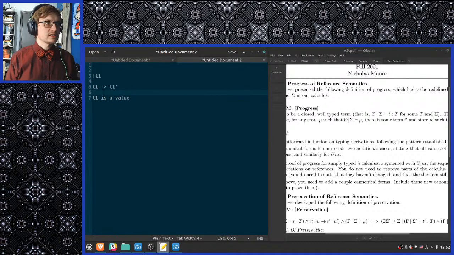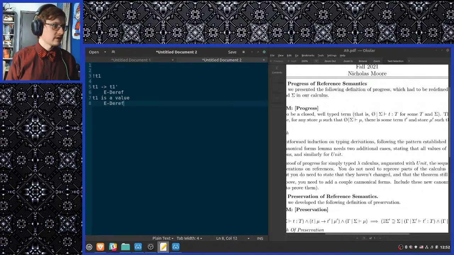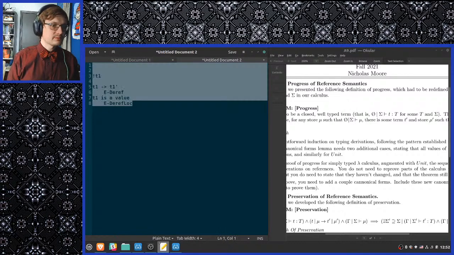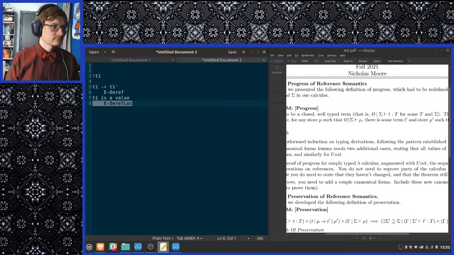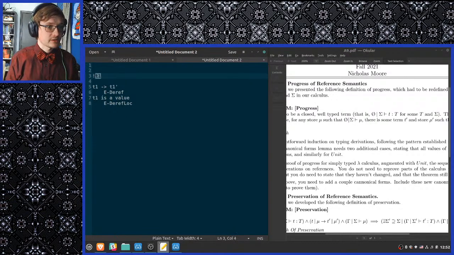If it evaluates to T1 prime, then you apply deref, which is the congruence rule. And if not, you apply deref v, I think it's called. No, deref location. And since it's well typed, you know that the subterm must be a reference type, because otherwise it couldn't be well typed, right?